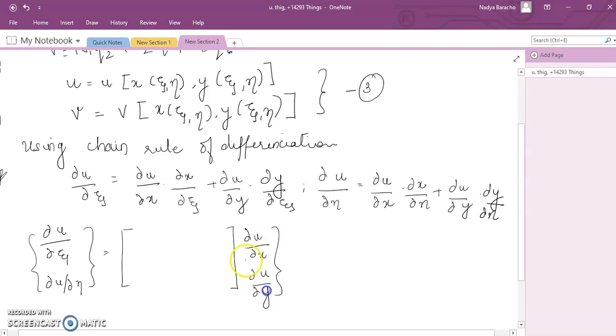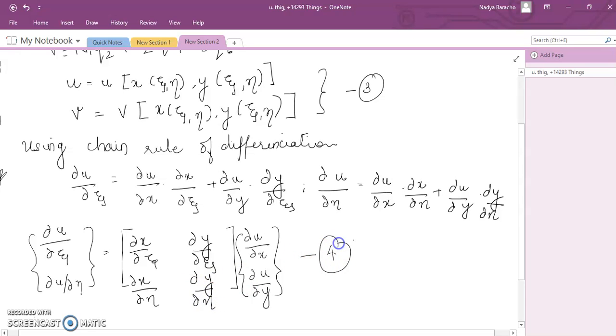So I write this in a column vector, and the remaining terms I write as a square matrix. So it is dou x by dou zeta, dou y by dou zeta, dou x by dou eta, dou y by dou eta. I'm calling this equation 4.